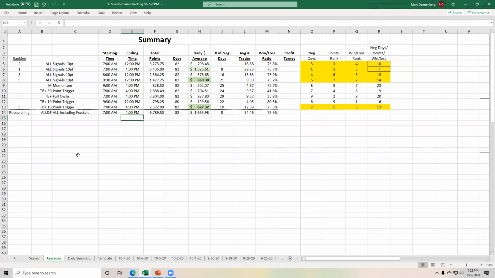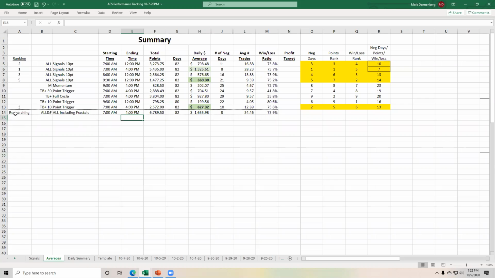Or if you told me, hey, I want to trade from 7 to 9 every day, but then I have a job or I have a business to run, we can help you understand what to expect from those particular time frames and what combination of signals you may want to trade.